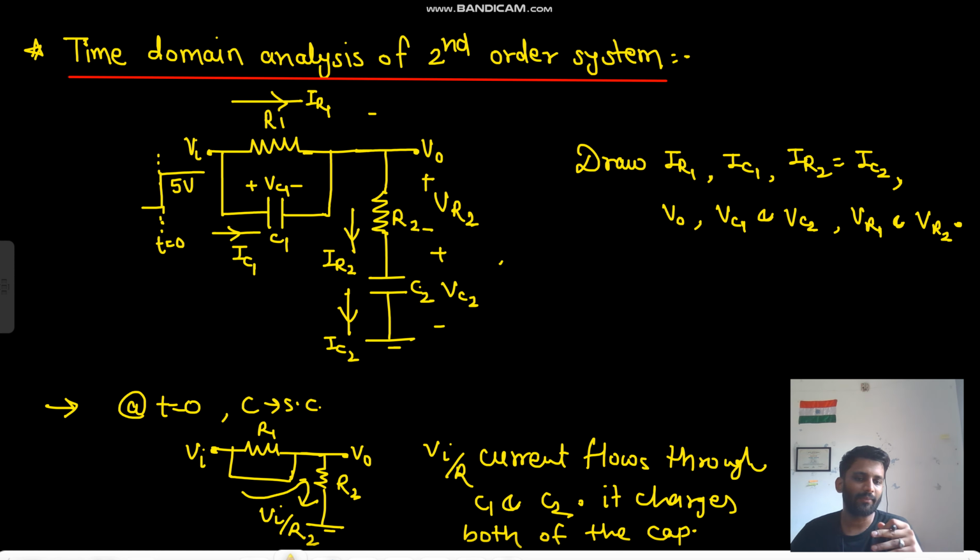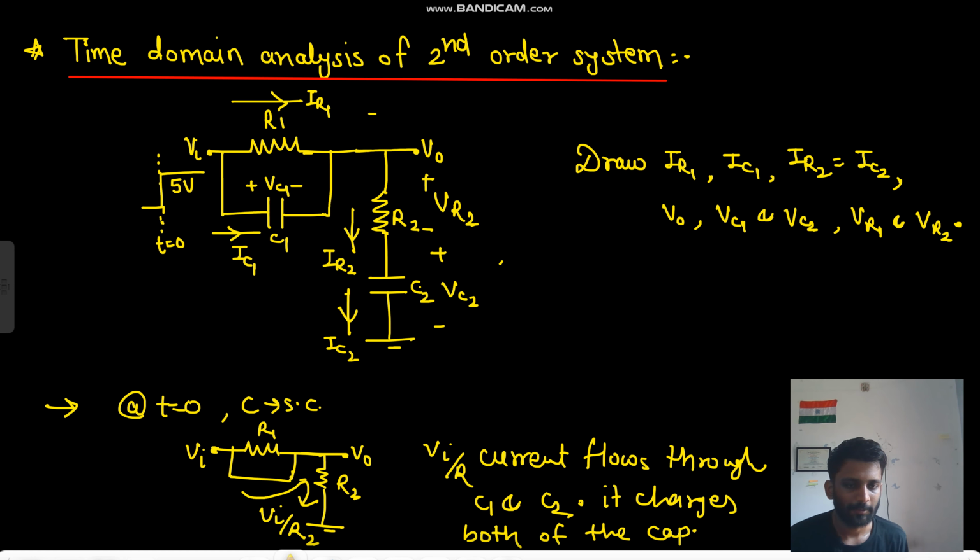Okay. So at some point, both of the currents will go down to 0, and at that point your steady state will be reached. At that point, if both currents go down to 0, your VC2 will be equal to V0. That means your IR1 goes down to 0, IR2 goes down to 0, your IC1 goes down to 0. That means your VC1 goes down to 0, your V0 or VC2 goes to 5 volt.